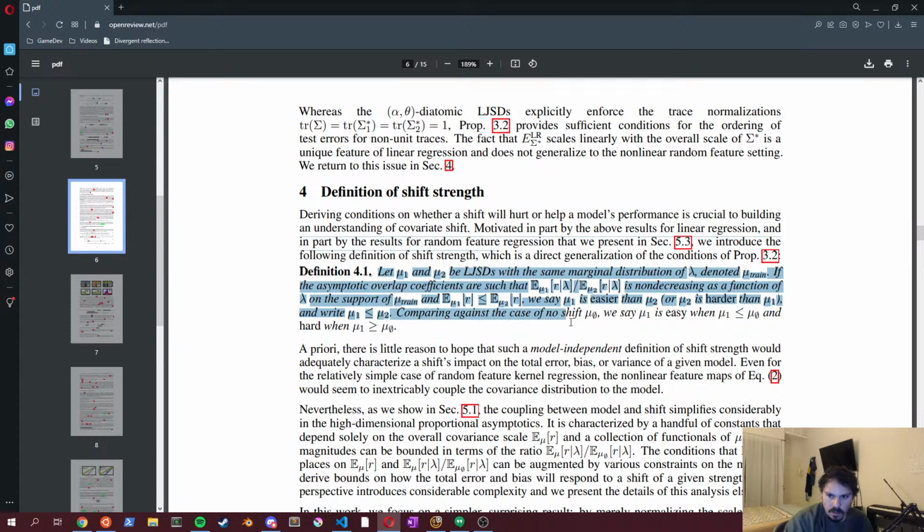Comparing against the case of no shift mu0, we say mu1 is easy when mu1 is less than mu0, and hard when mu1 is greater than mu0.